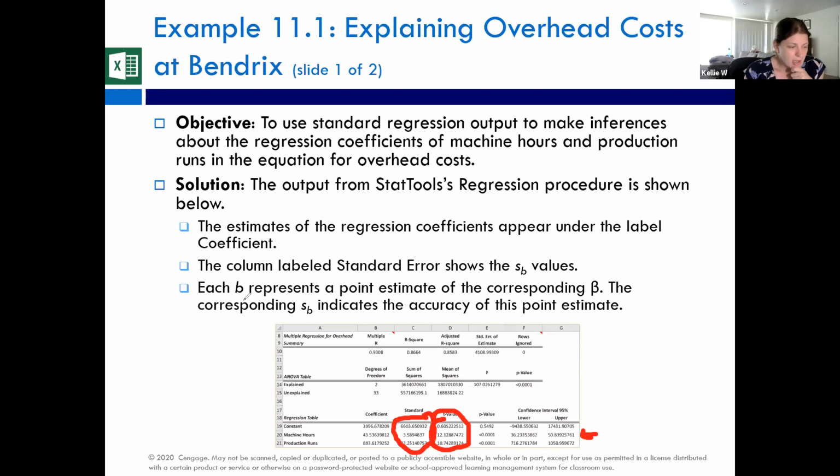So each B, or slope, represents a point estimate for the population slope, and the standard error of each sample slope is just indicating the accuracy of this point estimate. So the standard error here is telling us how accurate these coefficients are.